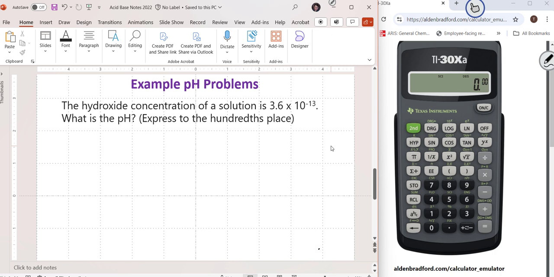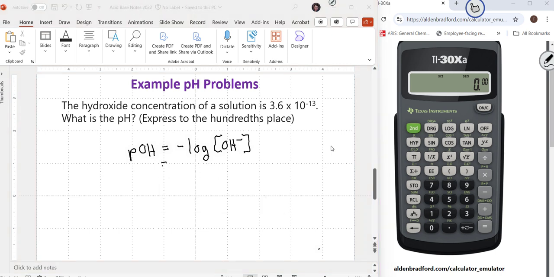From our previous equation sheet on slide 1, we have pOH equals minus the log of the hydroxide ion concentration. So that equals minus the log of 3.6 times 10 to the minus 13.